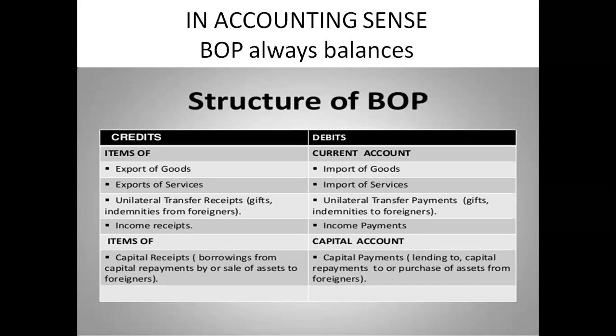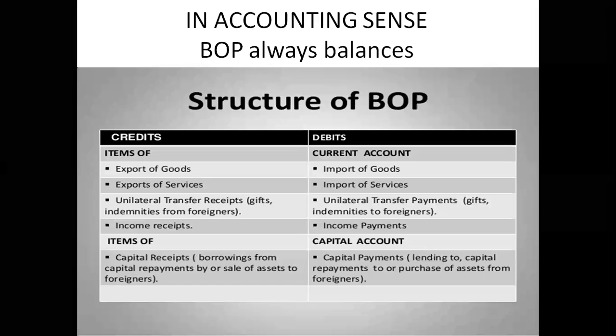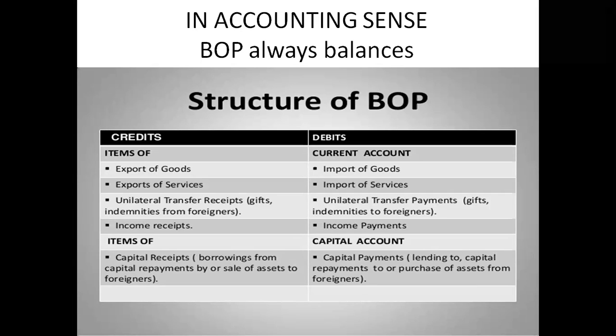Or the deficit, right? Now what is the structure of BOP that we make? Let us see the structure of BOP. When we see the structure of BOP, the credit items are written first. Beta, this is not an account, so don't wonder why the credit side is on the left and the debit side on the right. It's not that. It's just the structure given of BOP.